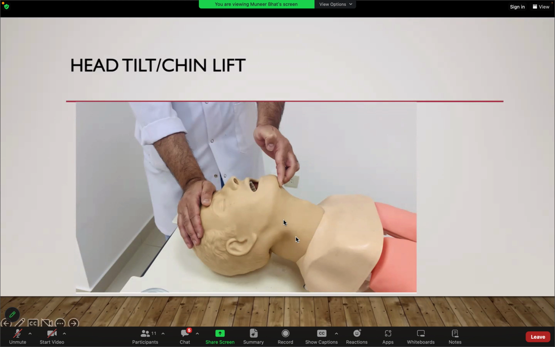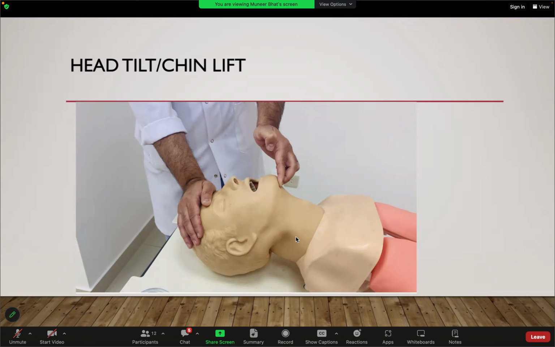And there is one more important reason why we do this: we try to stretch the pharyngeal wall in order to open the airway. Now, why we are doing this chin lift? We are trying to lift the jaw up. When we do the lifting of jaw, the tongue is attached there by the genioglossus muscle. So you will try to lift the tongue away from the posterior pharyngeal wall by lifting this chin up.